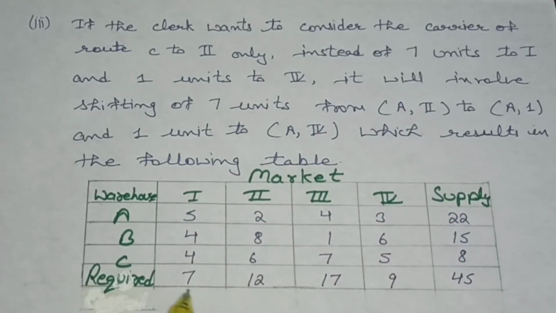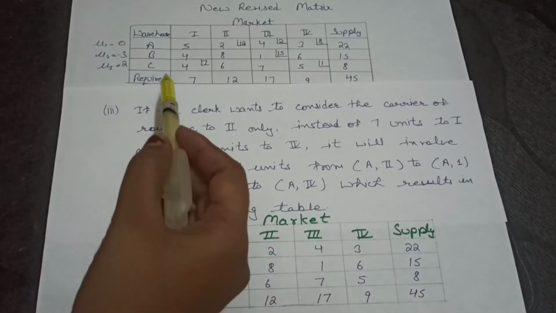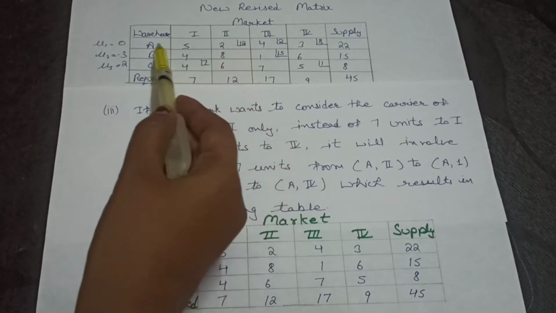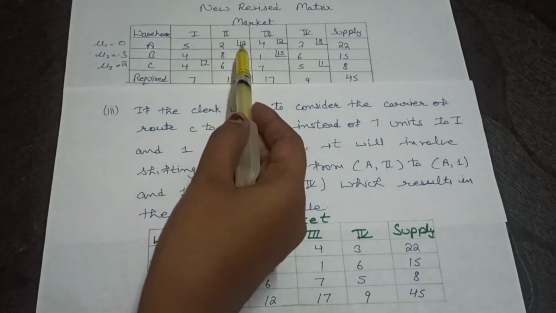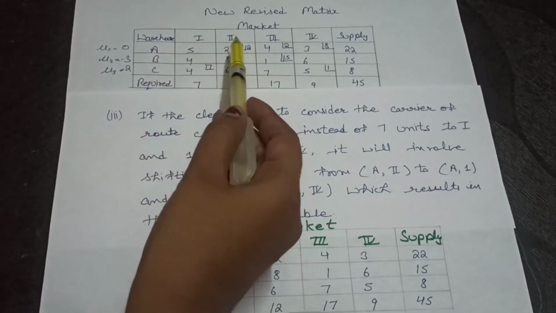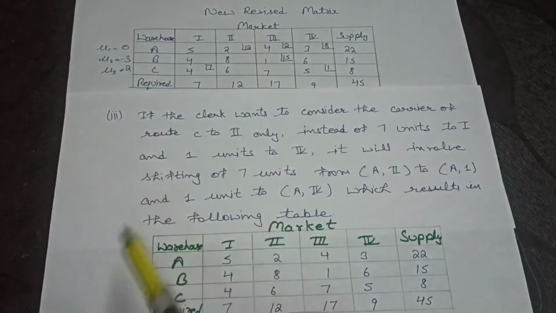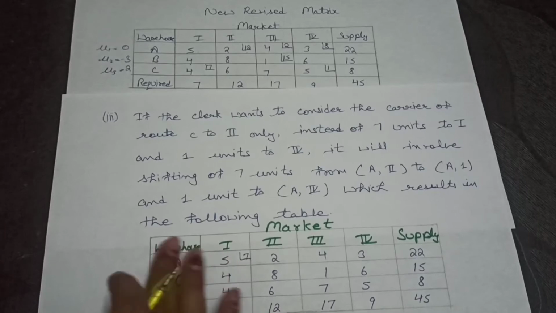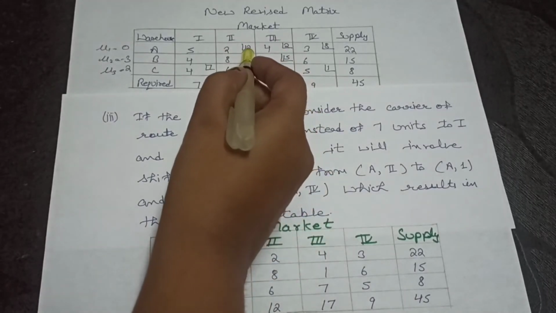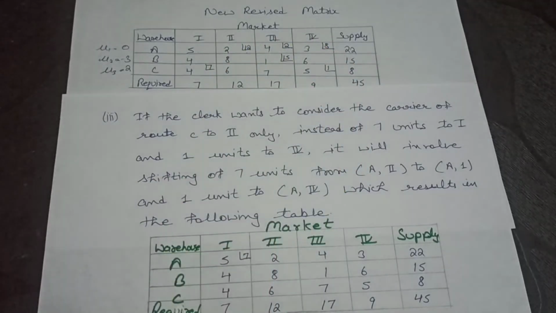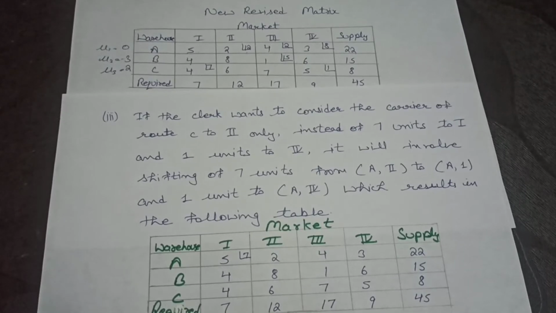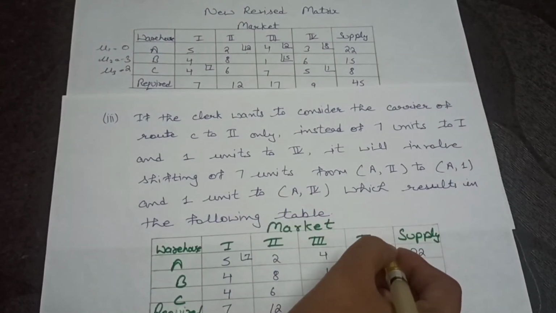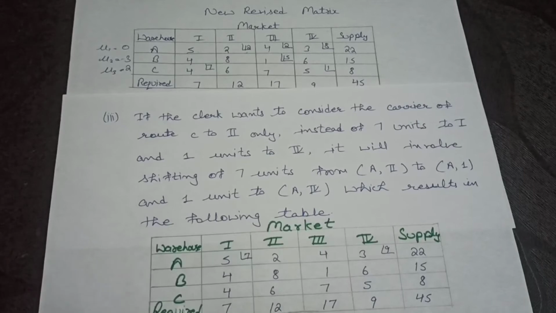Students, now I will calculate this matrix. You can see in this matrix, we have an allocation of 12 in the second market from warehouse A. We will give 7 to this, so here we will write 7. And one allocation we will give to this cell, the 4th cell. So now here we have 9.